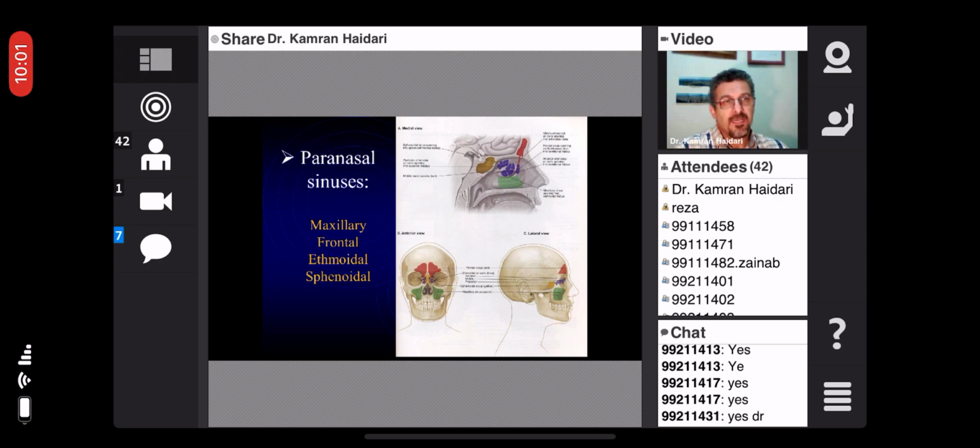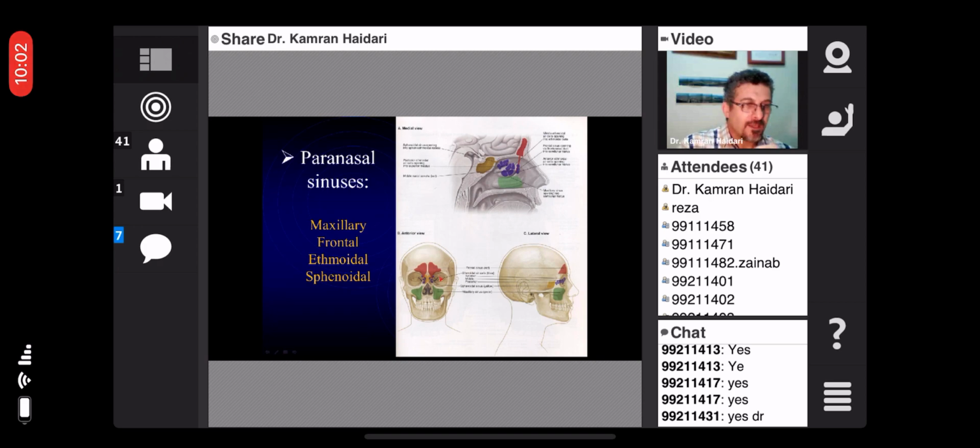Paranasal sinuses consist of some large cavities inside the neighboring bones and some small spaces in the ethmoid bone, which are air cells actually.